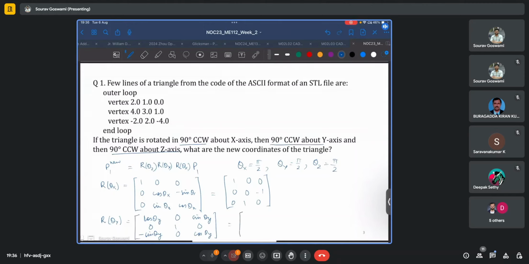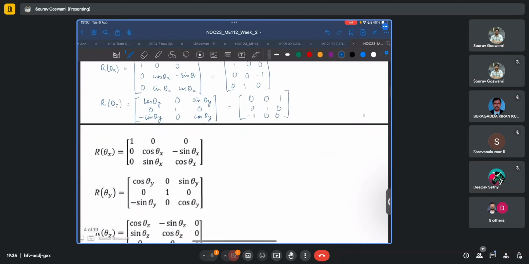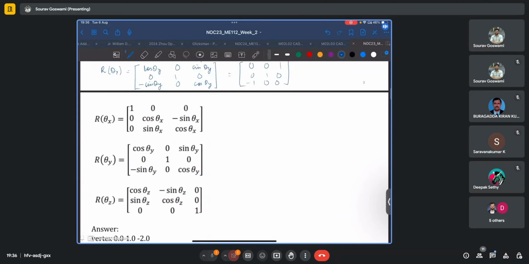With the value of theta y equal to pi by 2, this will be 0 0 1, 0 1 0, minus 1 0 0. The matrix is also given here. And similarly for R theta z, you have 0 minus 1 0, 1 0 0, and 0 0 1.